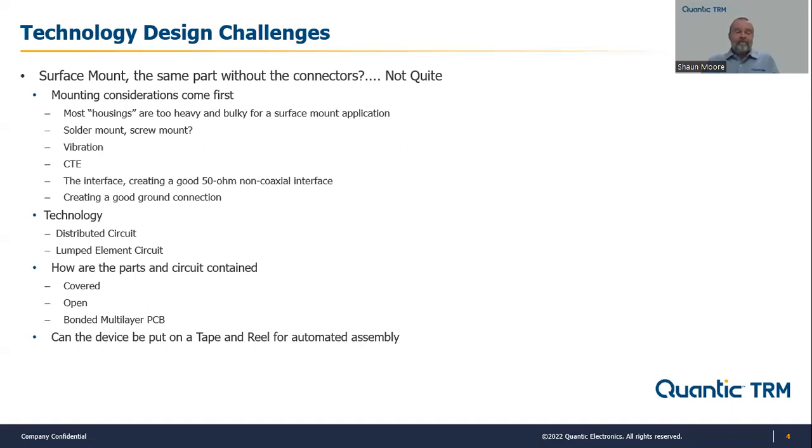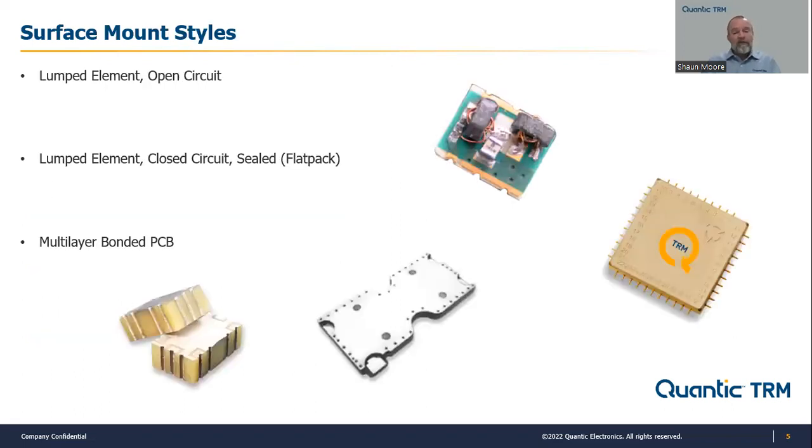You also mentioned, Shaun, that there are different surface mount styles. Can you elaborate? Sure. If you take a look at the pictures here, you see a couple of different styles, and these are the popular ones. The lumped element open circuit one is in the middle on the top.